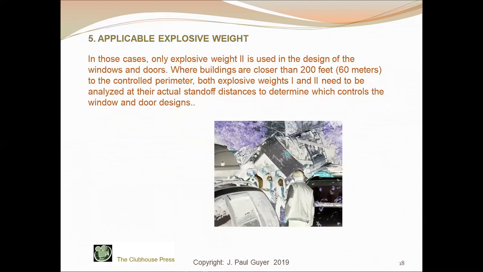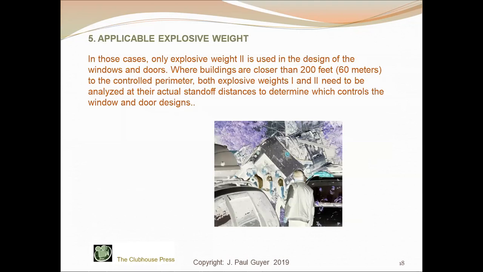In those cases, only explosive weight 2 is used in the design of the windows and doors. Where buildings are closer than 200 feet to the controlled perimeter, both explosive weights 1 and 2 need to be analyzed at their actual standoff distances to determine which controls the window and door design.